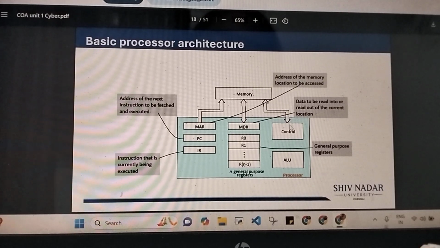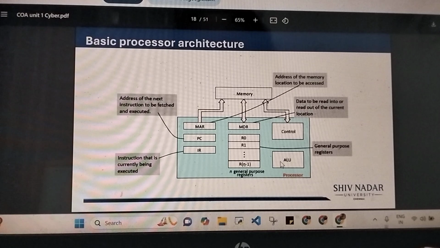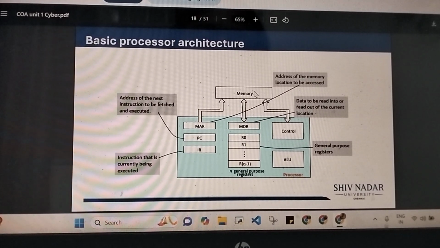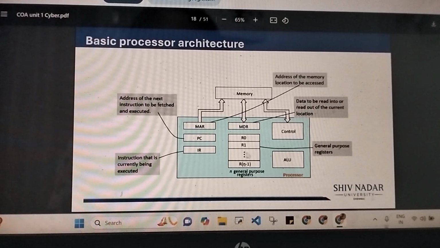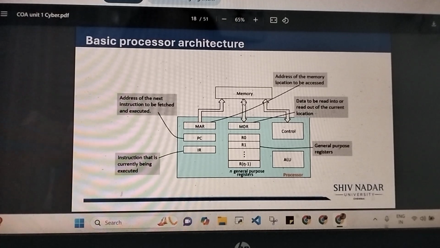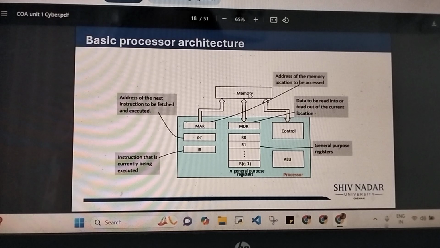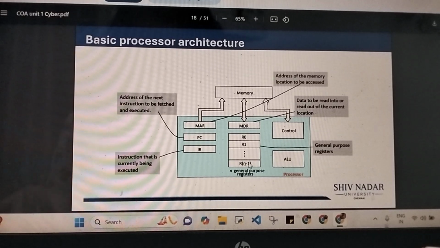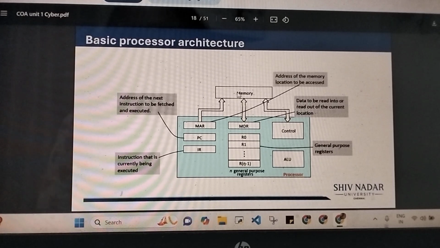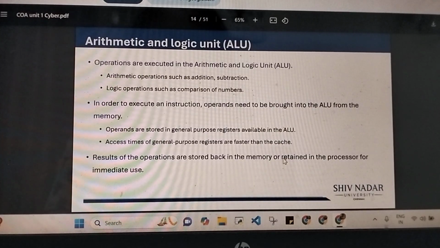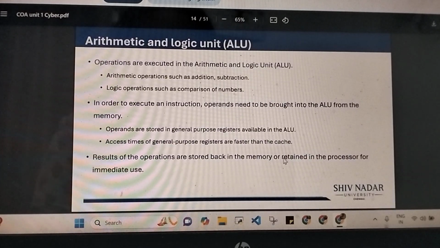If I want the ALU to perform some arithmetic operation, the operands must be present in these registers. I cannot expect the ALU to take data directly from my main memory and perform operations on them. So the ALU only works with data present in the registers. If I want an operation to be performed on two variables x and y, and if they are not already present in my registers, they should first be brought from my main memory to the registers, and then the ALU will work with them. That is something to be kept in mind about the ALU.